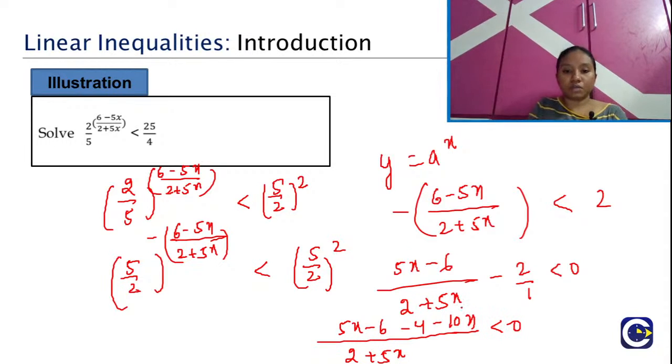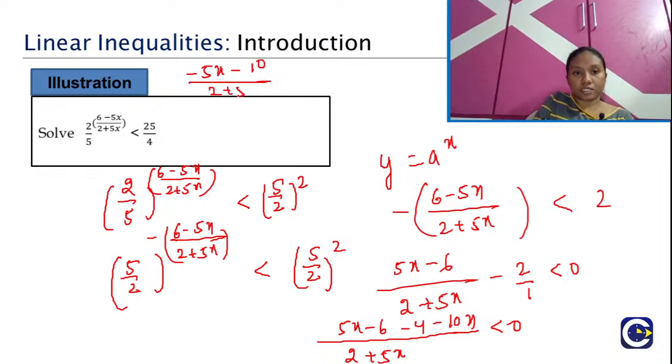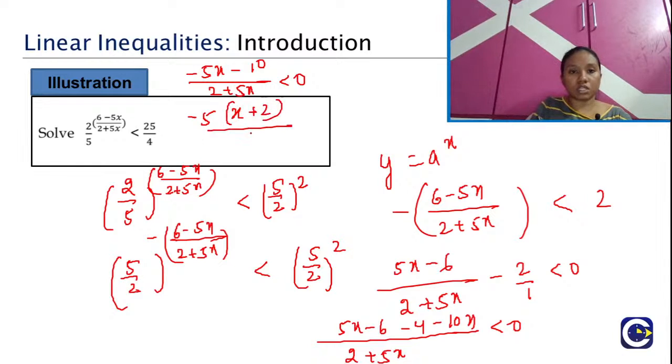So then it will be minus 5x minus 10 by 2 plus 5x less than 0. Right. So let me take minus 5 common here, and it will be x plus 2, and here it will be 5x plus 2 less than 0.